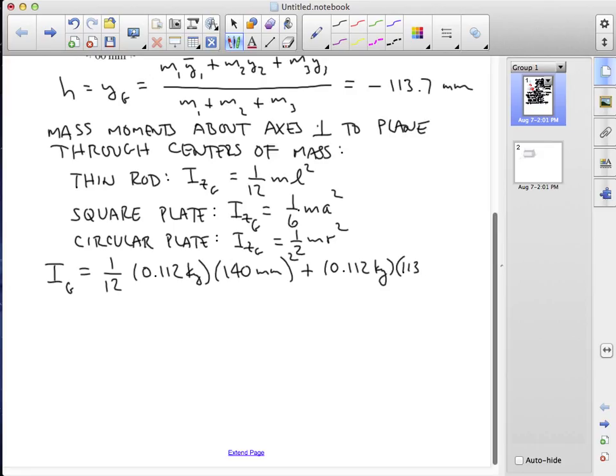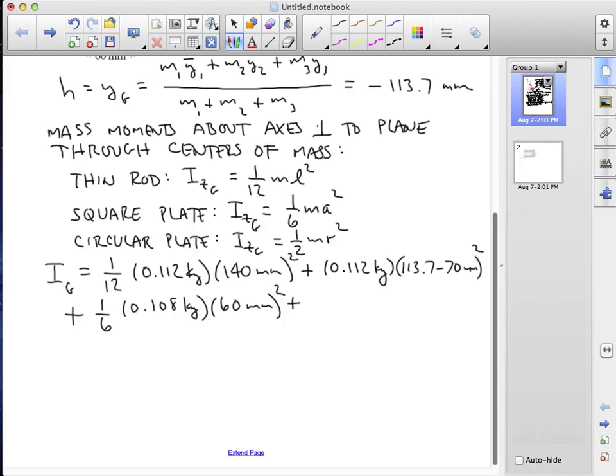So this will be 113.7 minus 70 millimeters squared. For the square plate, we have 1/6 its mass, which was 0.108 kilograms, times its edge length, 60 millimeters squared.